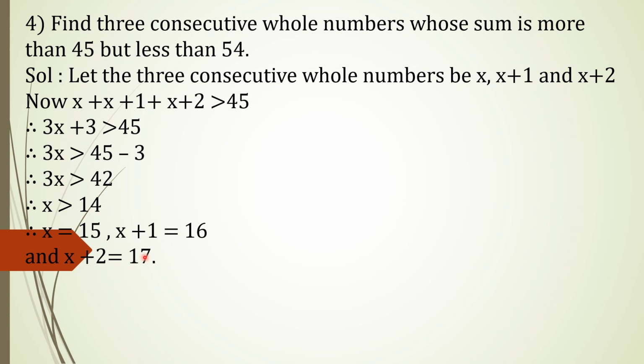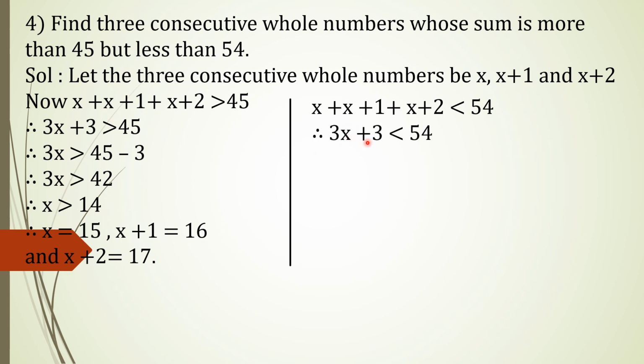Now one more condition is given, but less than 54. So let's apply that also. I've taken the three consecutive numbers, that is x plus x plus 1 plus x plus 2. The sum of all these three consecutive numbers is less than 54. So we'll solve this also. So it will become 3x plus 3 is less than 54.